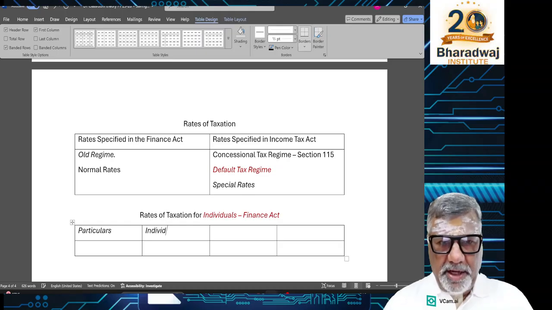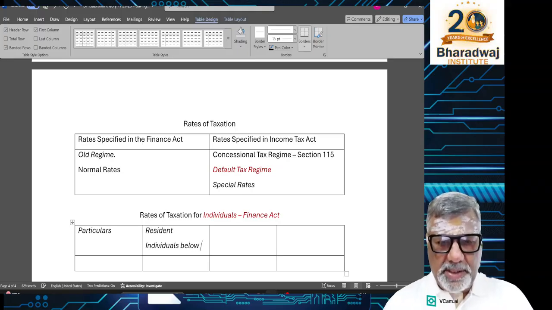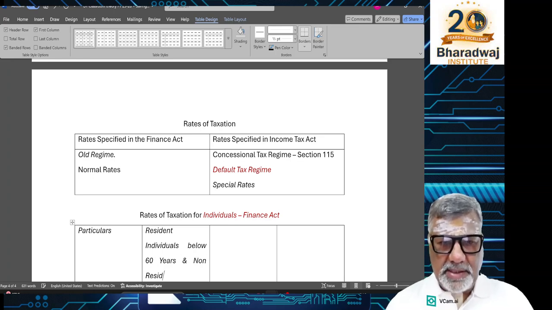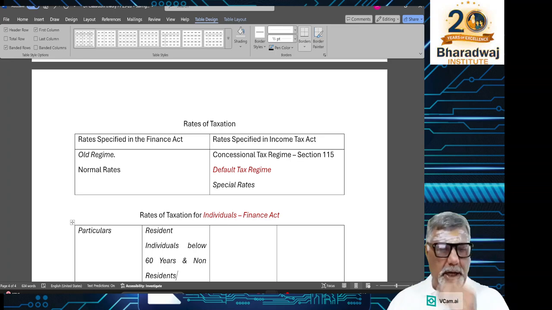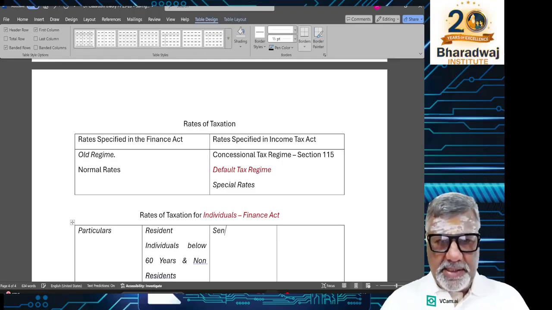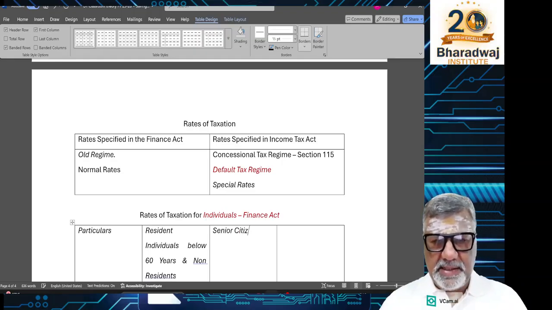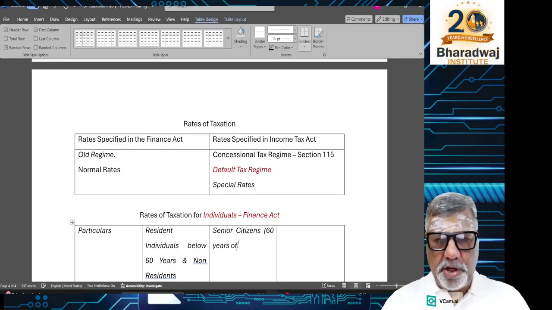Resident individuals below 60 years and non-residents irrespective of age. Senior citizens: 60 years or more.